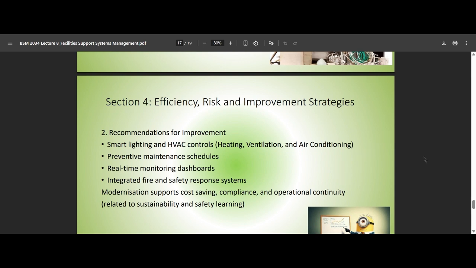Now, recommendations for improvement. Nowadays, you can see smart lighting and HVAC controls. That means you have information systems whereby, based on sensors, the system is able to adjust the HVAC.